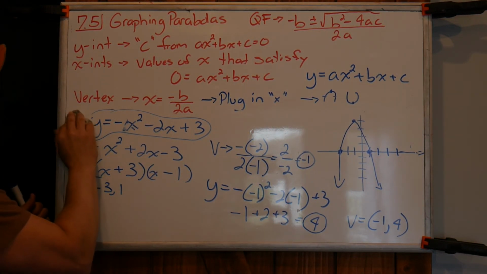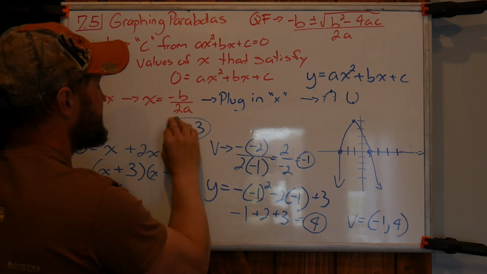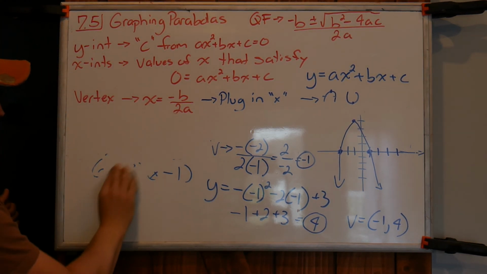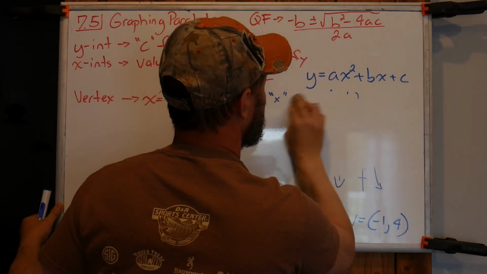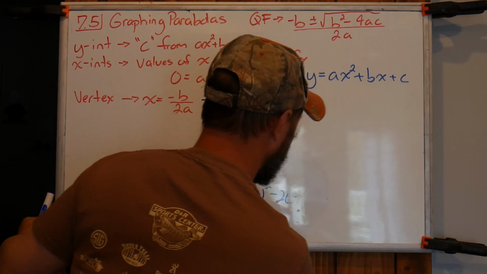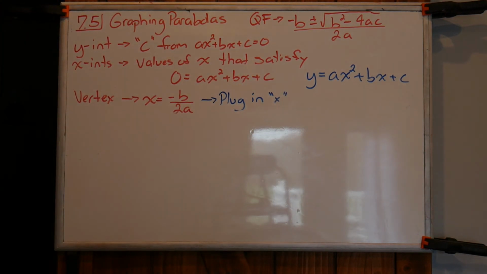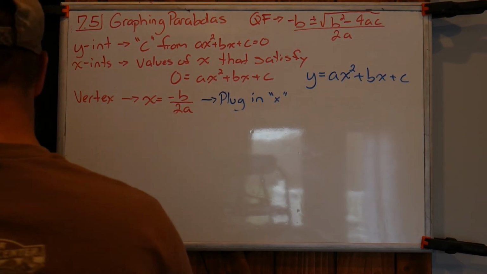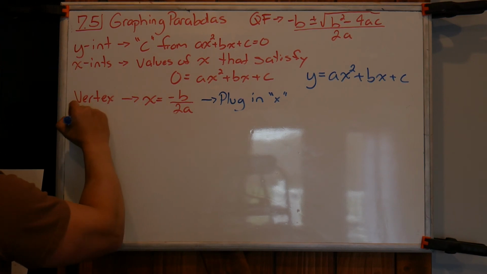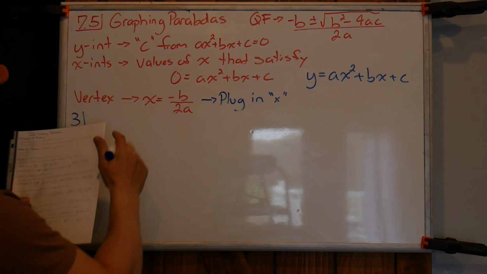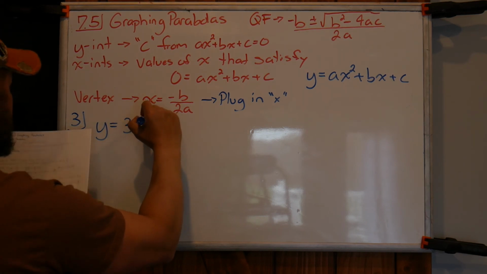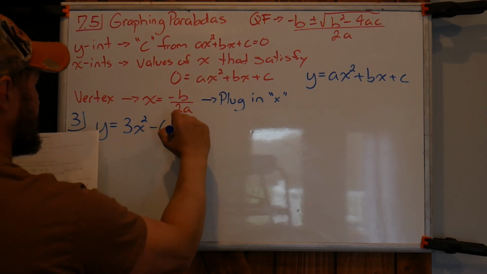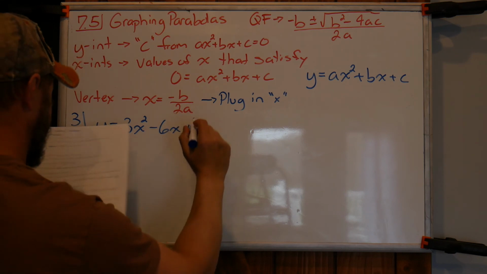Let's do one more before we move to section 6. We'll do example 3. Example 3 says graph y equals 3x squared minus 6x plus 1.